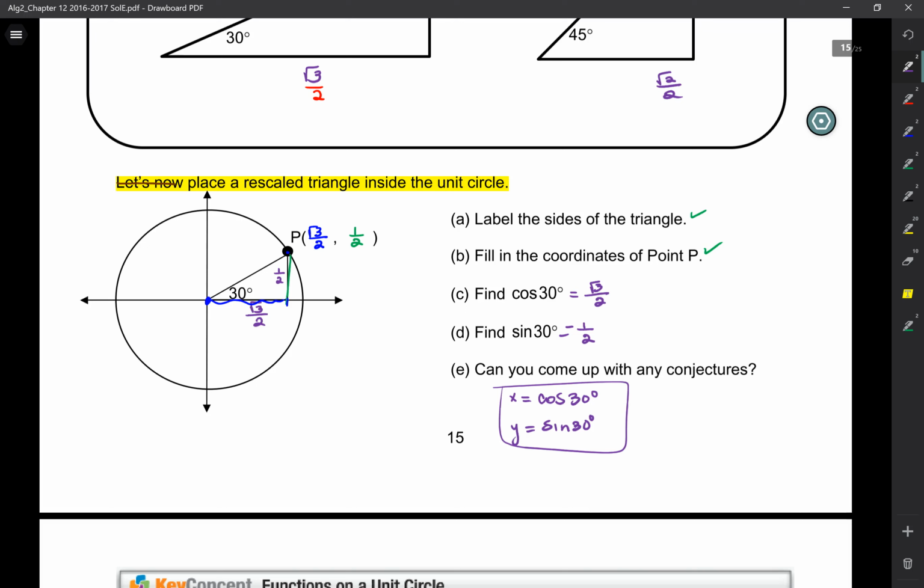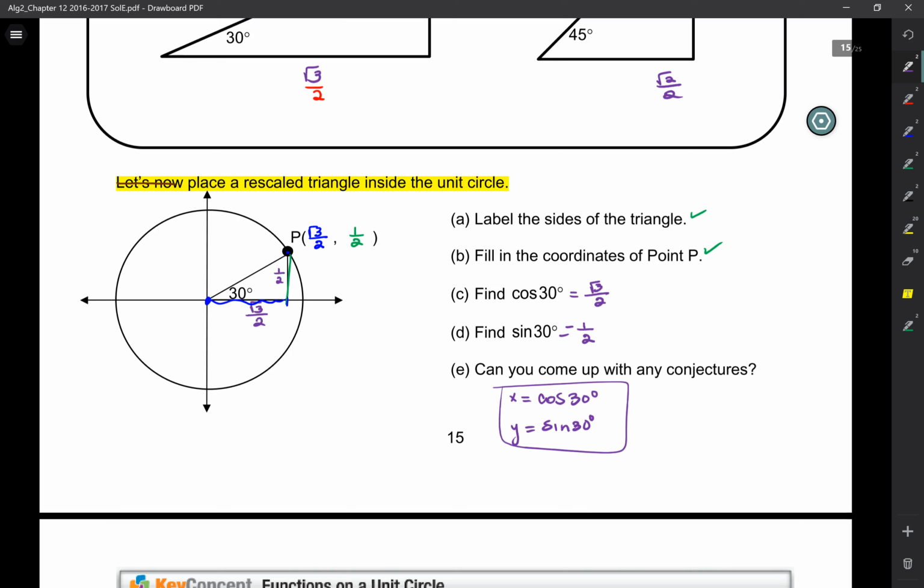The cosine. What is the vertical? Sine. So now, is the sine the x or the y coordinate? The y coordinate. Is x the sine or the cosine? Cosine. And what is the sine? Y. And x is what? Cosine. And y is what? Sine. And that's just it.